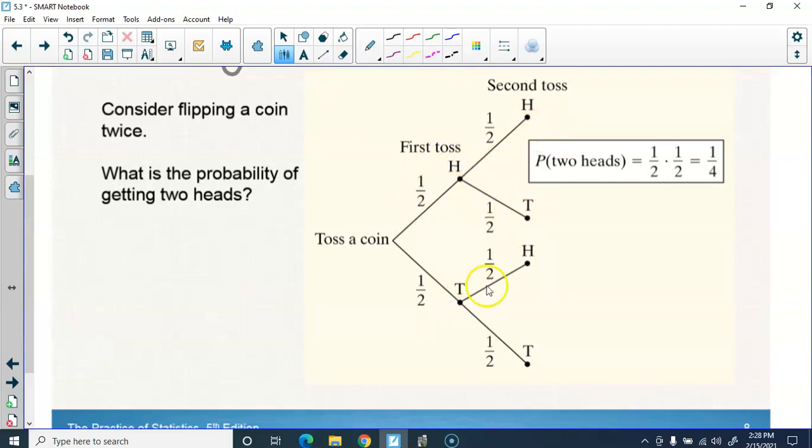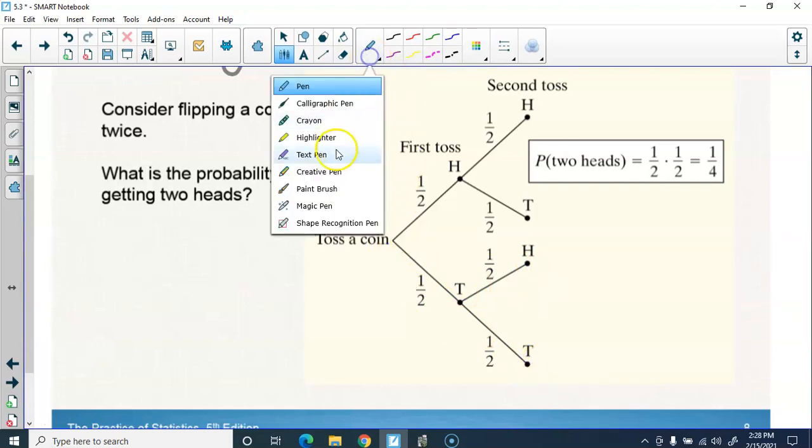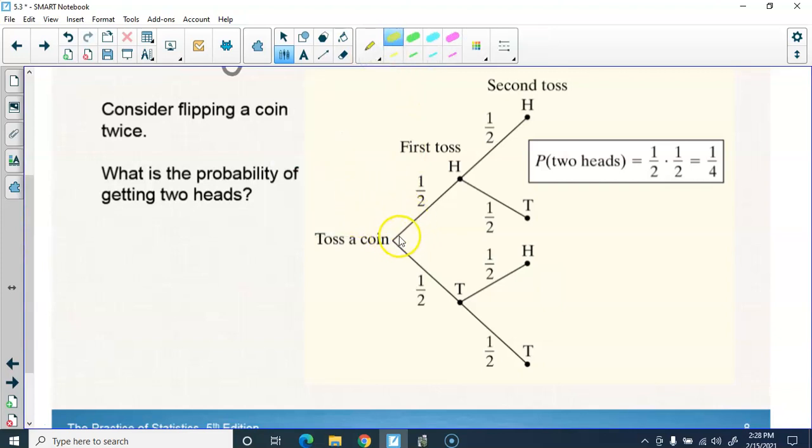After the second toss, we have heads and tails. So to find the probability of getting two heads, we follow the path of first head, second head, and we multiply the two probabilities. 1/2, 1/2, and that's how we get to 1/4.